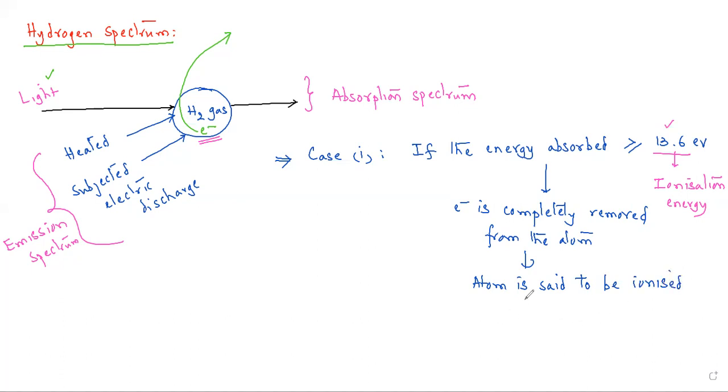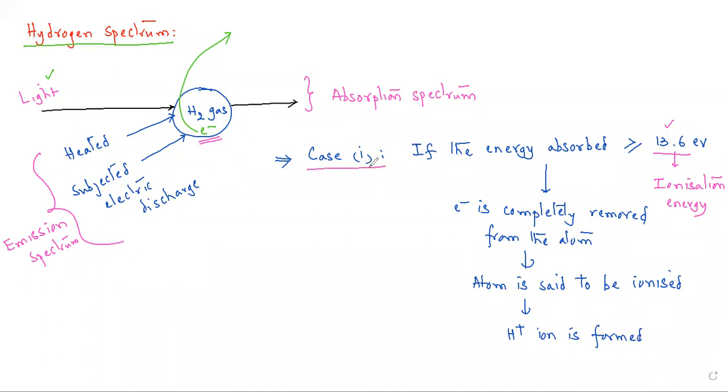Then you get H plus. Electron is completely removed. That is the reason why you got a positive charge, isn't it? H plus ion is formed. This, of course, is case 1.